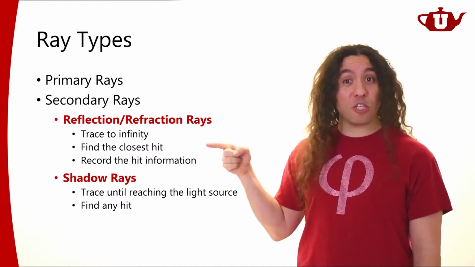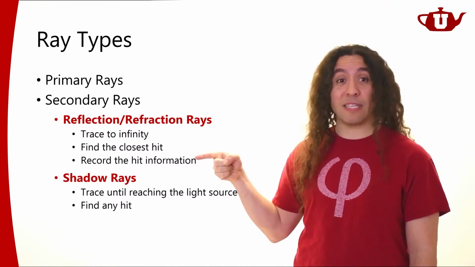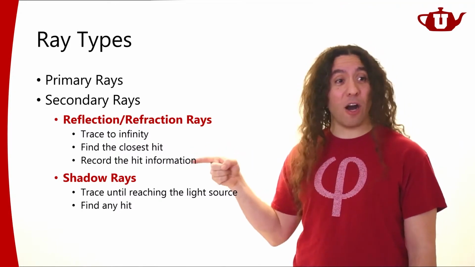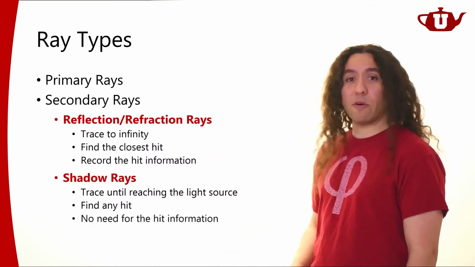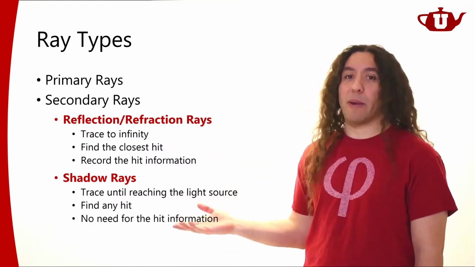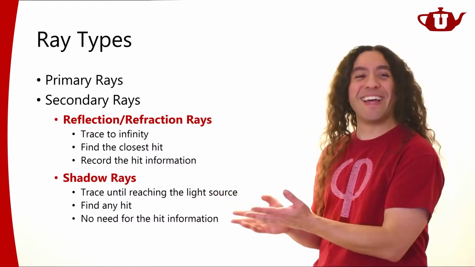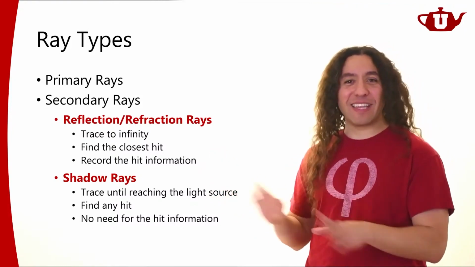So I need a lot of information about what that hit was. What did I hit? Where did I hit it? What kind of object was it? I need to know that. But with shadow rays, I don't care. I don't need to know anything about that point. All I need to know is that it existed. That there exists a point, and I'm done. I don't need anything else.